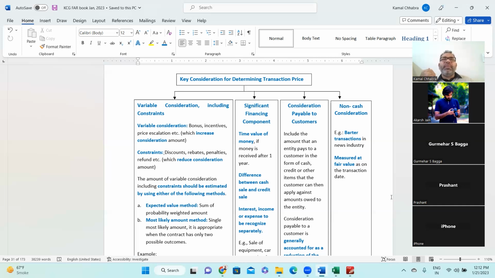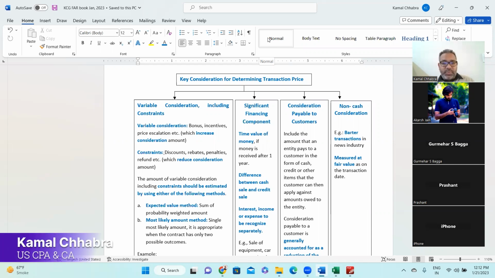Or when the contractor is working and the price of material has significantly increased, and he's asking for escalation on account of the increase in raw material price, that is increasing his revenue. That is called variable consideration. On the other side, what is constraint? Any discount, rebate, penalty, or refund which you need to give back to the customer, which reduces the consideration, is called constraint.